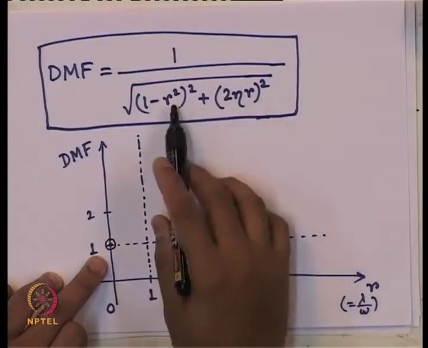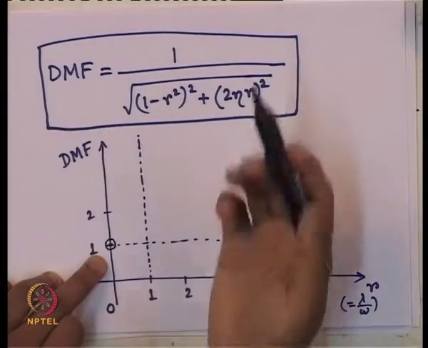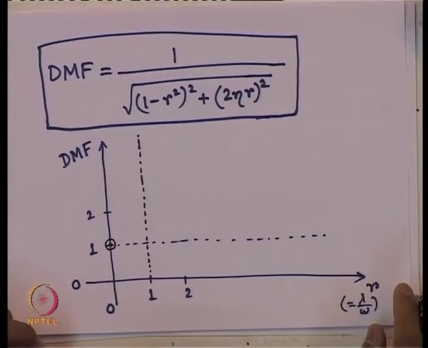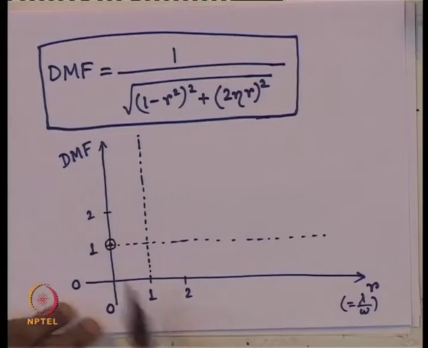If you put r as 0 here, eta is having some value, but still we have dynamic magnification factor 1, which is again justified physically, because without the presence of any forced vibration or applied dynamic load on the system, the displacement should be equal to the steady state or long term displacement, which is the static displacement, nothing more than that. So, that is why it will always start from 1.